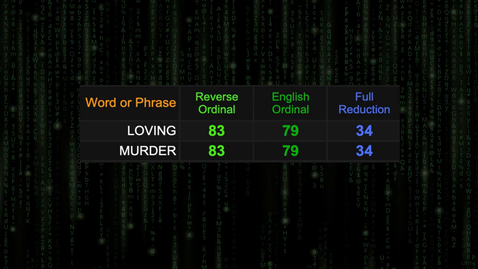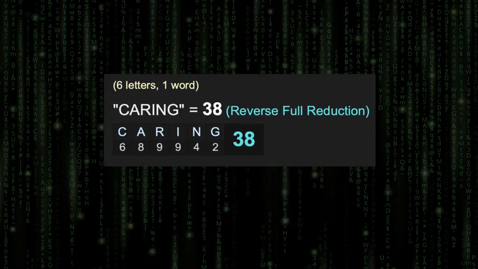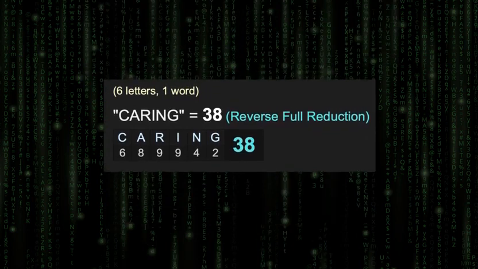And in fact, 2 completely antithetical themes can manifest the same number. So when those numbers manifest in a narrative that you are decoding, you have to consider the context in which that number is manifesting. Caring sums to 38.